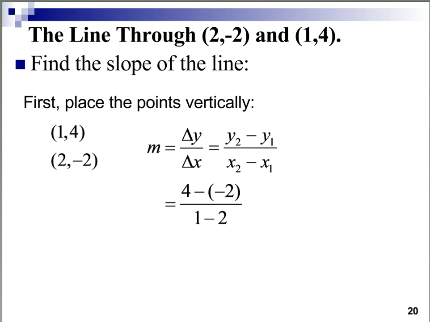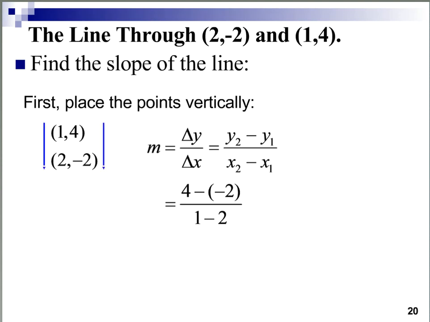Now note, there are 2 negative signs here because the first one on the outside of the parentheses is for the minus that you see in the general equation, and the second one inside the parentheses is the sign of the actual y value for the second point. So on the top we have 4 minus a -2. On the bottom we have 1 minus 2, which is the change in x.